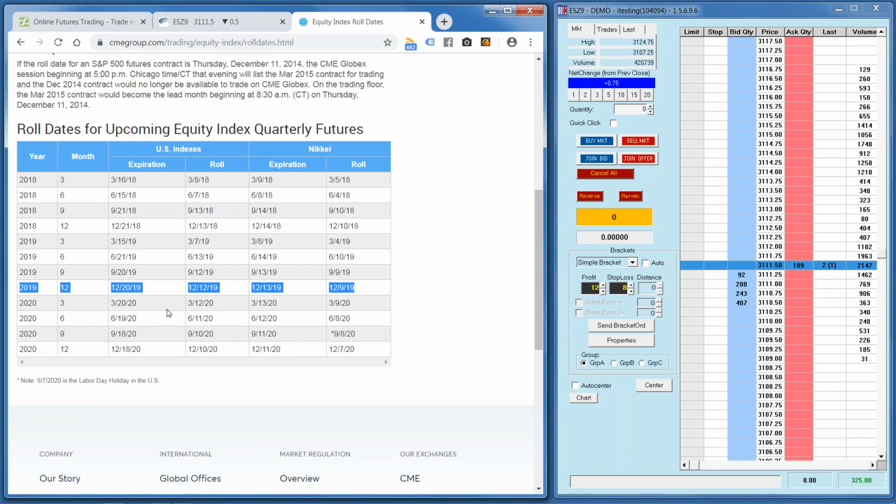So we have a little bit of time, but that's something to consider. I'm getting a lot of calls on that. We're not there yet on rollover. A lot of the other markets have already rolled over. I just wanted to share that.